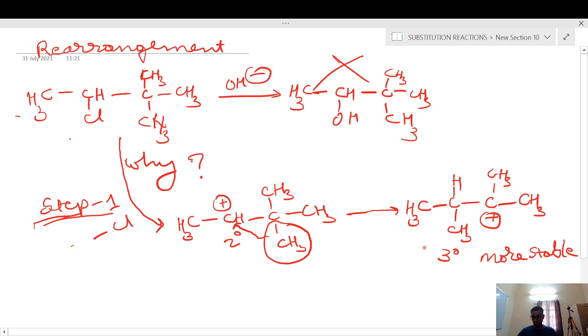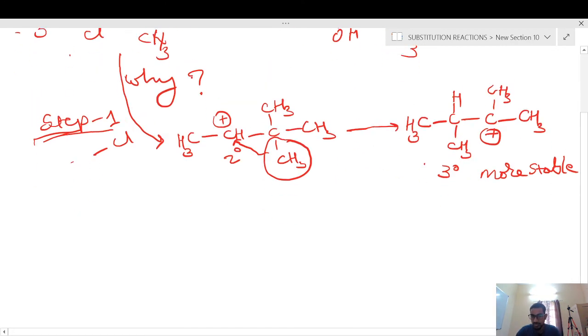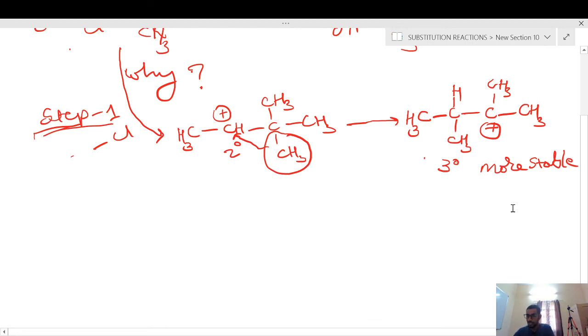Since this carbocation is more stable than the previous one, this is called rearrangement.